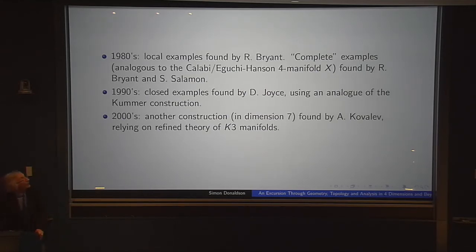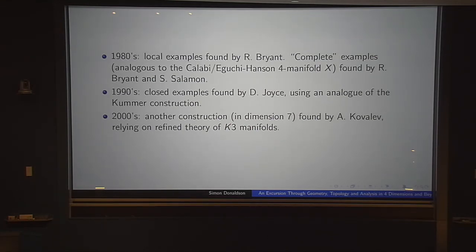But this is really a 21st century story, or end of 20th century, 21st century. First, we could ask whether there are any of these things. The first local examples were found in the 1980s by Robert Bryant. And then Bryant and Salamon found what are called complete examples, where they're analogues of the 4-dimensional Calabi-Eguchi-Hanson space. Then in the next decade, the 1990s, Dominic Joyce found compact examples, first by using an analogue of this Kummer construction in this 8-dimensional world.